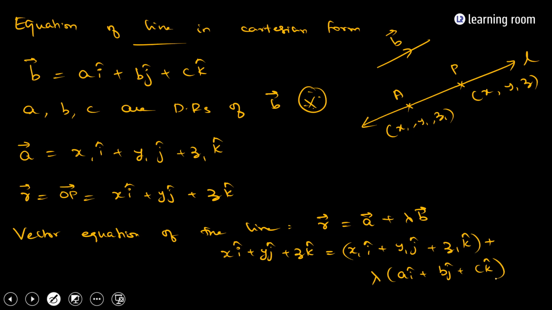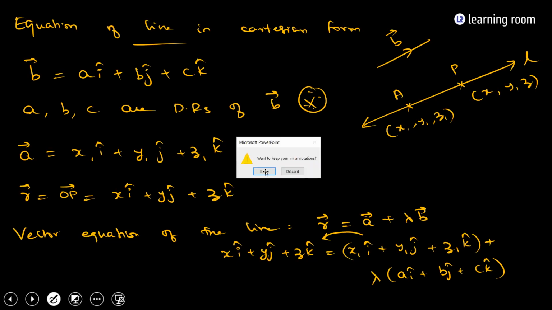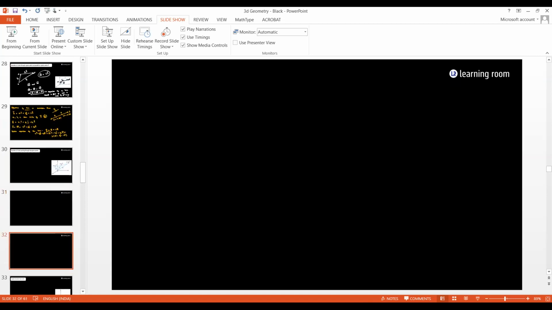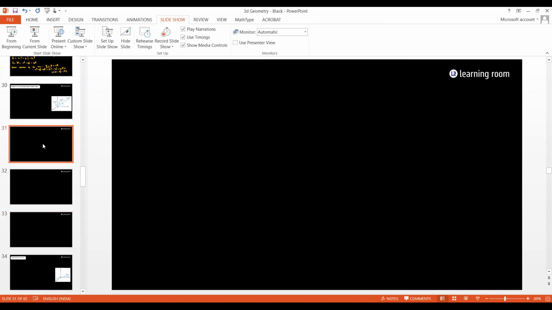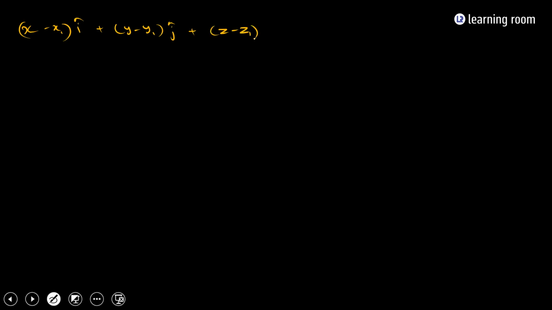So for this, what I'm going to do is, I will take this vector to the left hand side, so that it becomes x minus x1 i cap plus y minus y1 j cap plus z minus z1 k cap is equal to the right hand side.